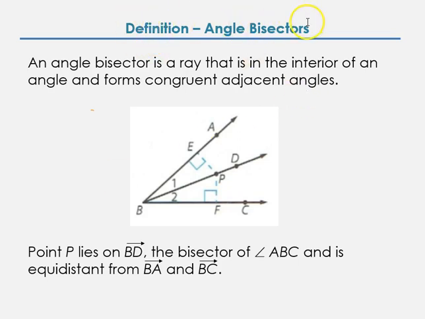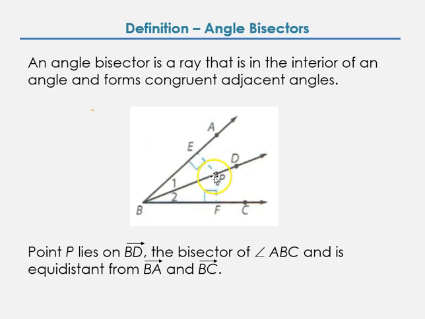Definition: angle bisectors. So an angle bisector is a ray that is in the interior of an angle and forms congruent adjacent angles. So in this case, we have an angle bisector BD, which is dividing the angle ABC in half. It creates two angles, angle 1 and angle 2, which are congruent to each other.